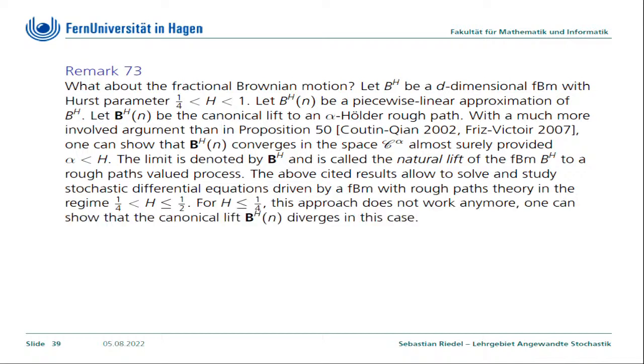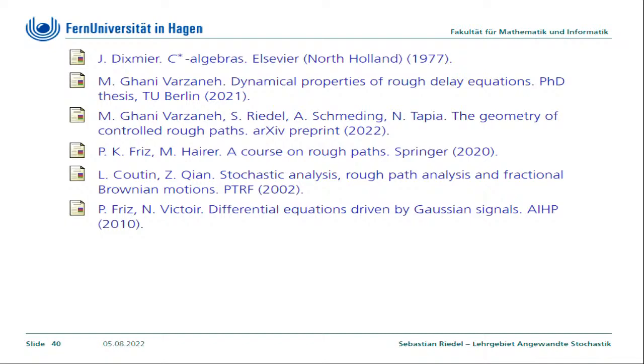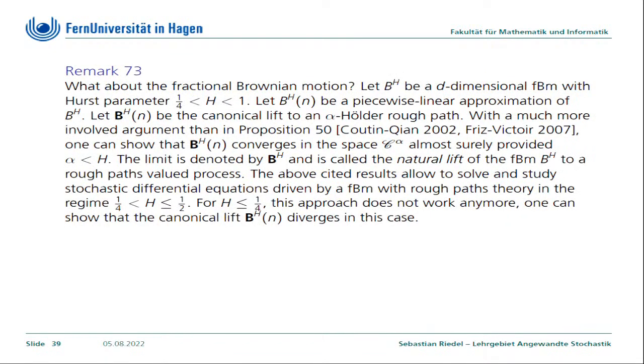Okay. And so this question is, of course, very natural. You can ask, what happens if I do not have an H that is larger than 1/4? This really breaks down. Also in the first paper here, they prove that for H equal to 1/4, this seemingly natural lift diverges in the rough path space.